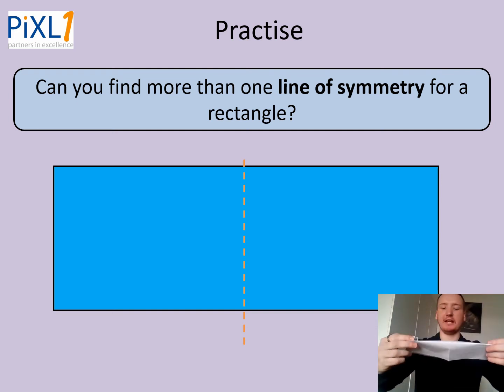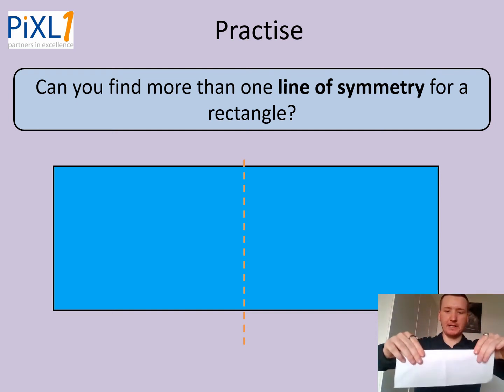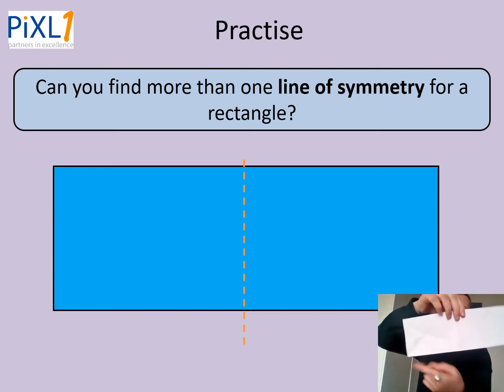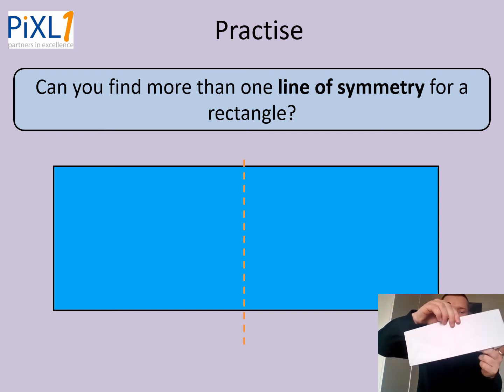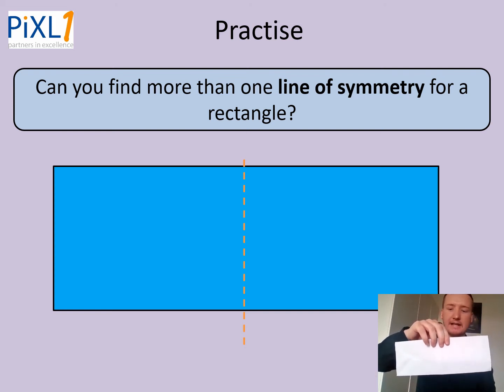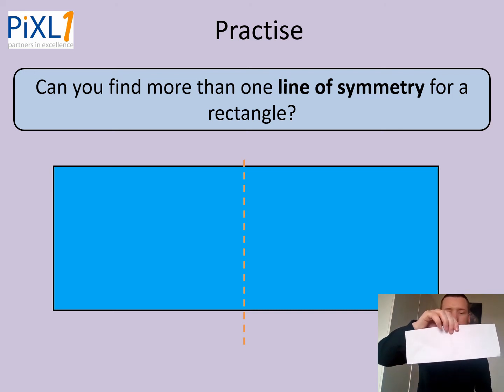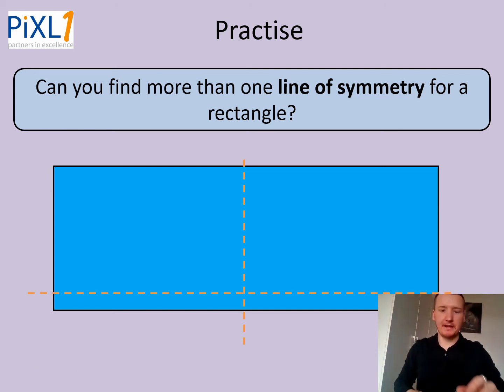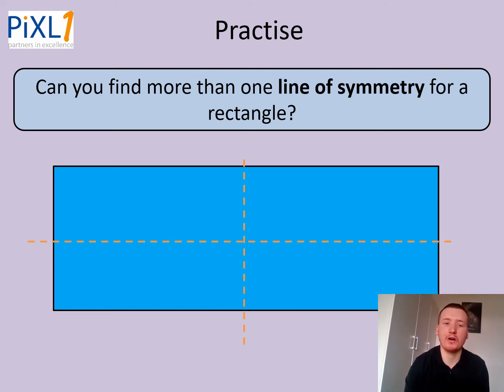If I fold it horizontally, same again. Let's check, run my finger across. Are there any edges hanging out, which would mean it hasn't got a line of symmetry? Let's check both sides. Yep. So my second line of symmetry for a rectangle is the horizontal line.